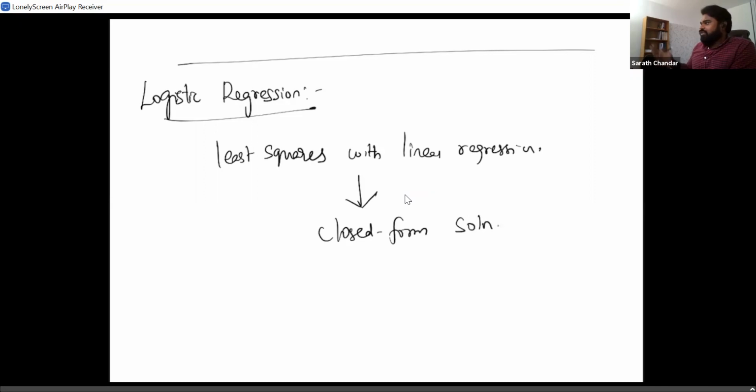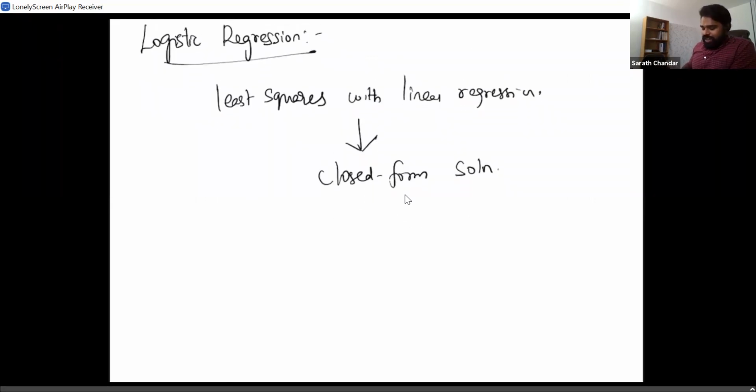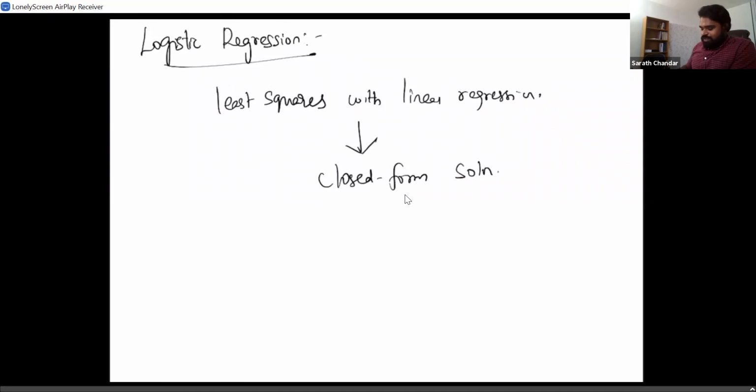Remember, some of you even pointed out the solution in the chat: the closed form solution was x transpose x inverse x transpose y. So why is it that I got a closed form solution for linear regression, but not for logistic regression? We also discussed a bit about the reasoning for that.